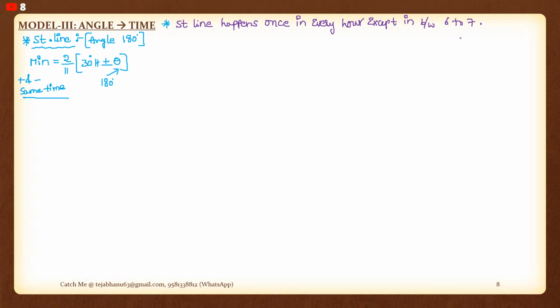Straight line happens once in every hour, except in between 6 to 7, because 6 itself is a straight line. So again 6 to 7, there is no straight line formed.